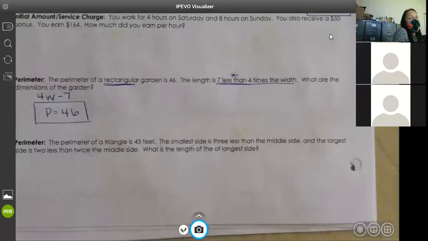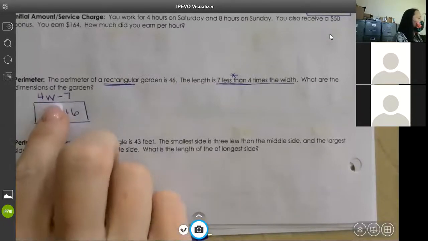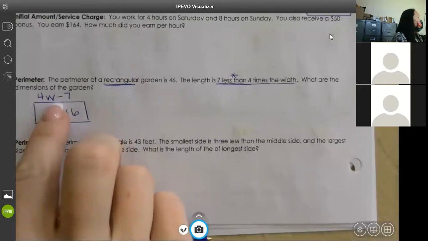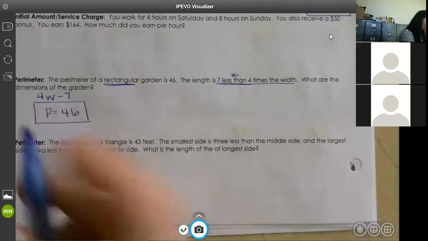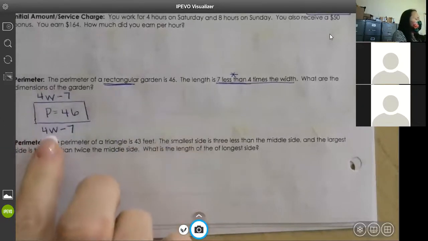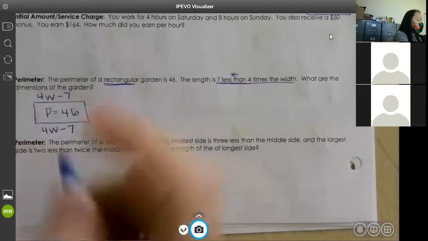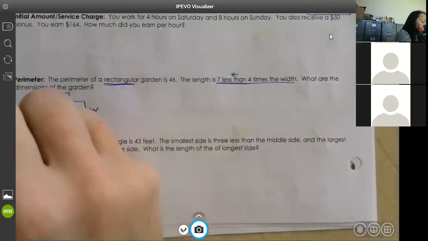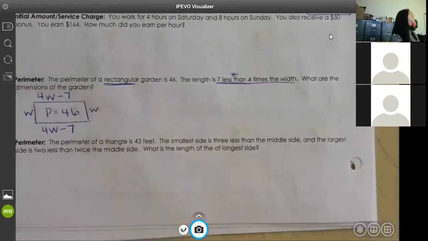Then it doesn't give you anything else. It says, what are the dimensions of the garden? Okay. Well, if the top is 4W minus 7, then the bottom has to be what? 4W minus 7. And what did W represent? The width. So that's our other 2 sides because that's our width.